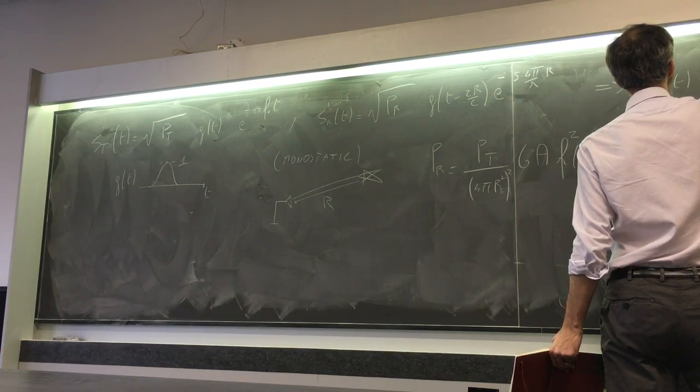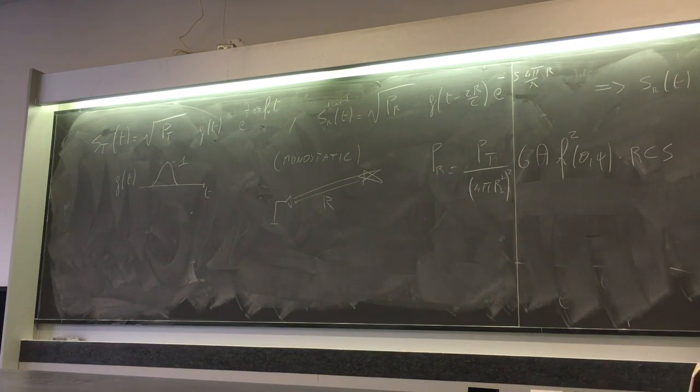This is the sum over all the targets. The square root of the power received from each target. This is the pulse with the delay from each target, and the phase of each target.